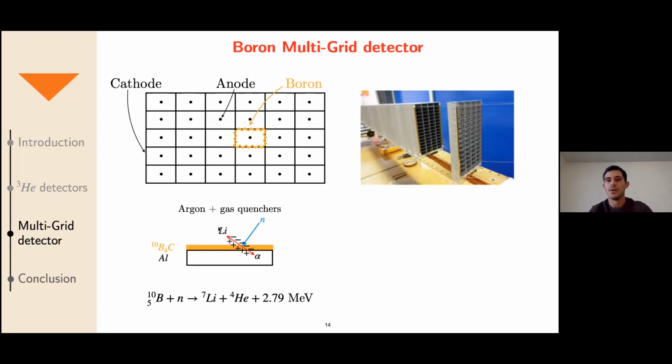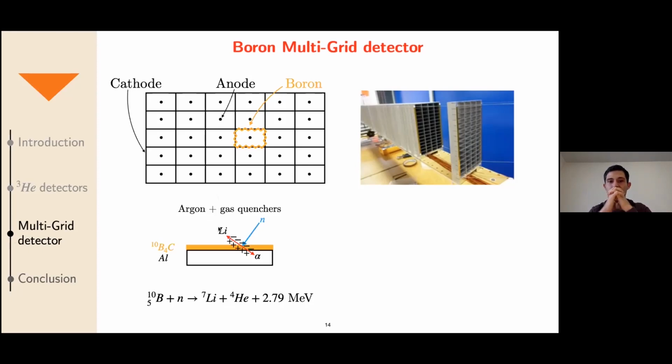And so these charges are attracted to their respective electrode, to the anode for the electrons and to the cathode for the ions.